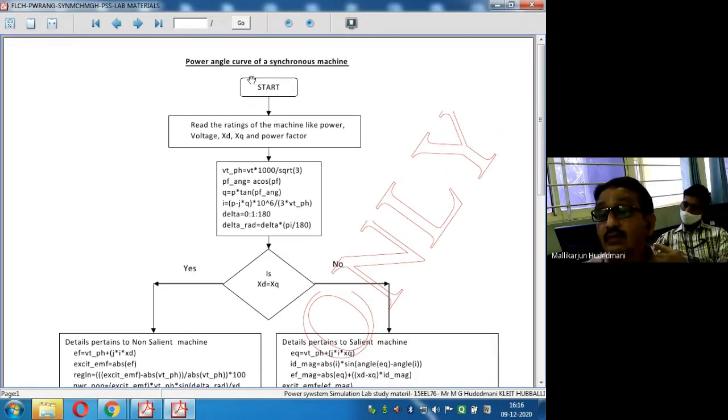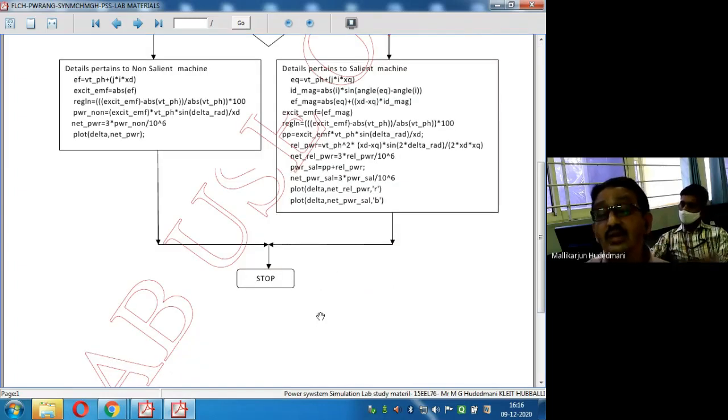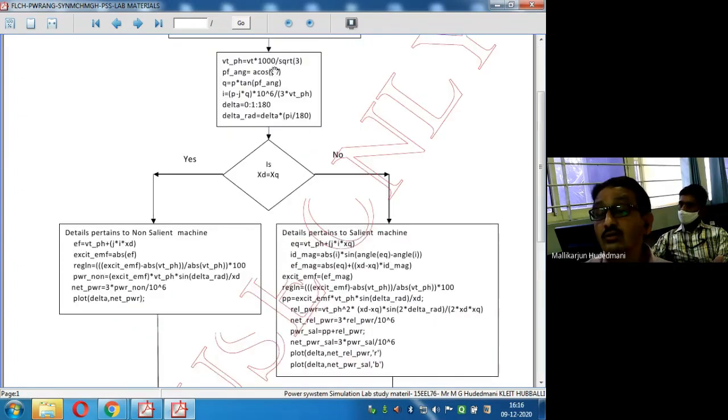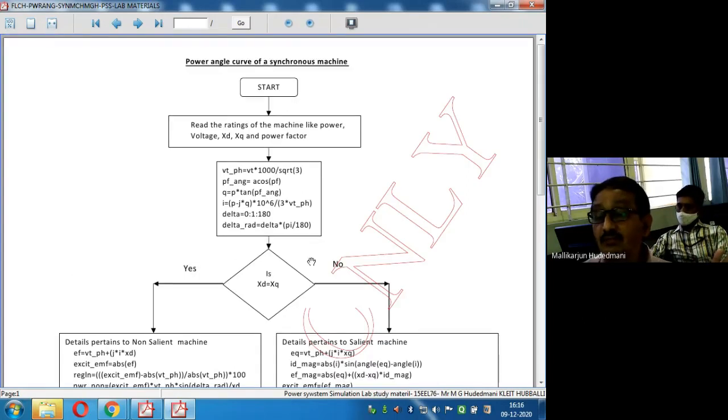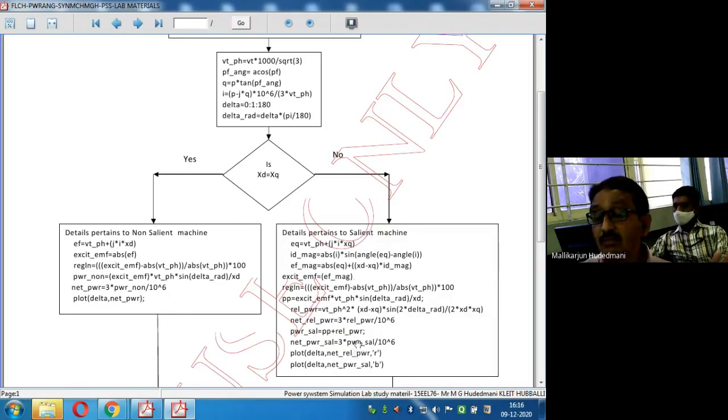You can program the entire thing at a time and try to execute, or program only one part of the work, execute it, confirm, keep it ready, then make a copy of that program, modify it for the second part, execute it, confirm it works, and combine the programs. So this can be done in two parts.